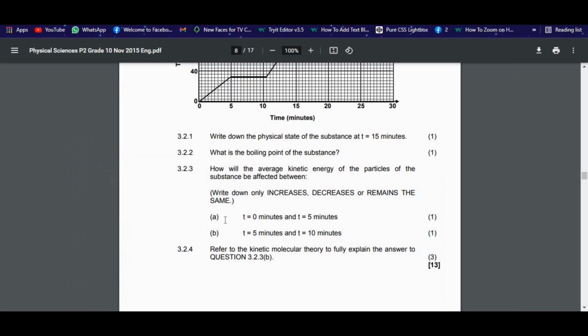So in the graph from 5 to 10, which is 3.2.3b, we can see that the temperature remains constant, at about 32 degrees Celsius for about 6 minutes as it seems.